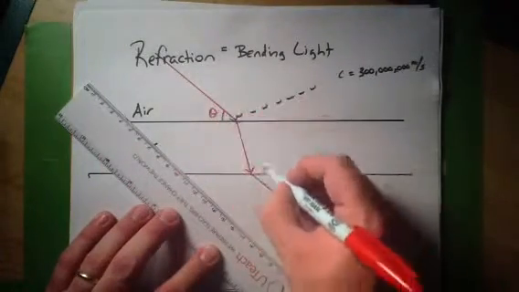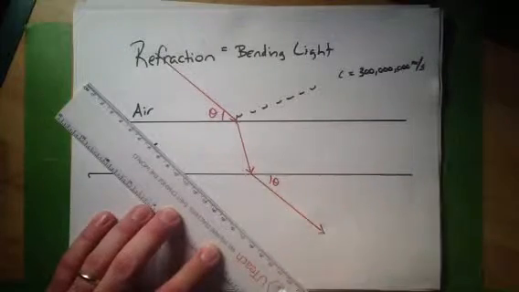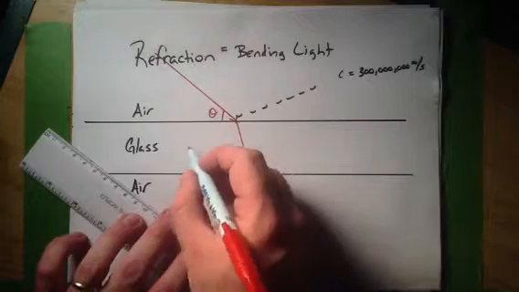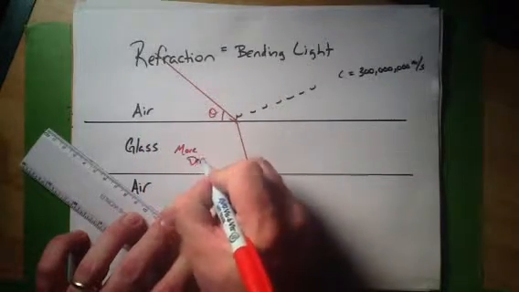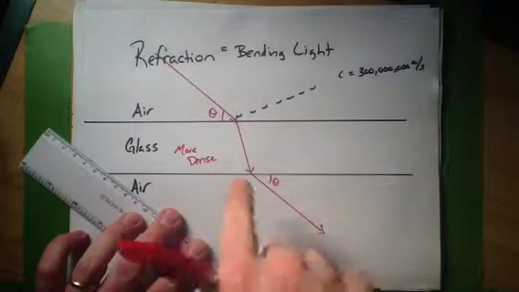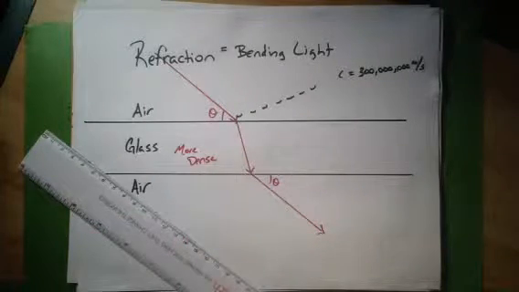And so that angle's the same as that. And then this is greater, assuming that this substance is more dense than that, which gives it a slower speed.